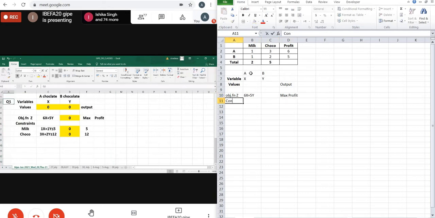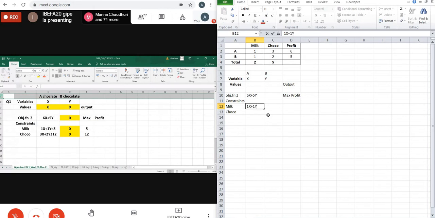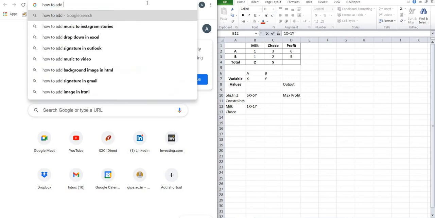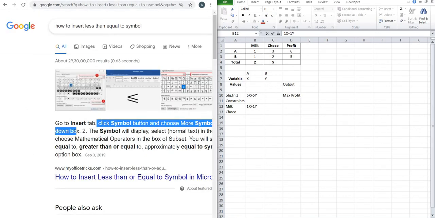Question number 1. Column C, A chocolate. Column D, B chocolate in row number 1. Text, B column, all the given informations.